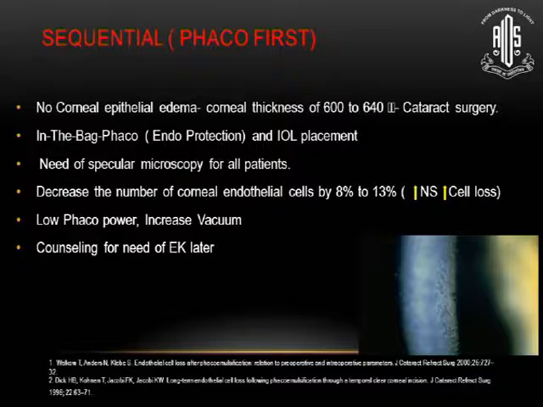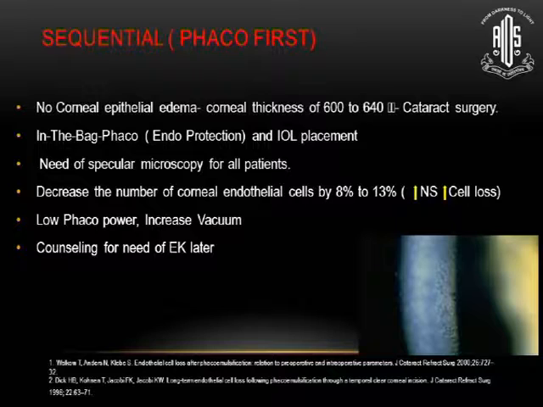For phaco, if you want to do it first, instead of going only with the pachymetry, which is either about 600 or 640, also look for the visualization and all the clinical findings, whether the patient is having epithelial edema or not. If the patient is not having any edema with a corneal thickness of around 600 microns, you could actually plan for a cataract surgery alone, taking the precautions of protecting the endothelium with proper OVDs, and then using low power, and always make sure that the anterior chamber is maintained.